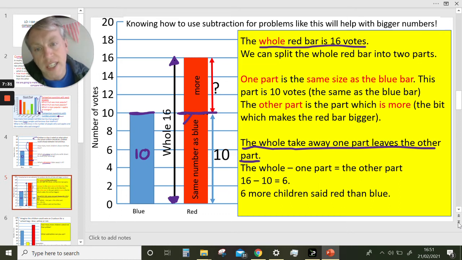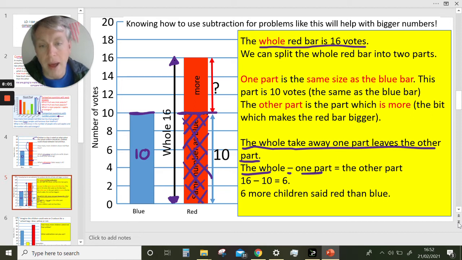If I were to take away this bit of the bar, cross it out, take it away, all I would be left with is the bit on the top. Am I right? The part on the top. So the whole, take away one part, leaves the other part.